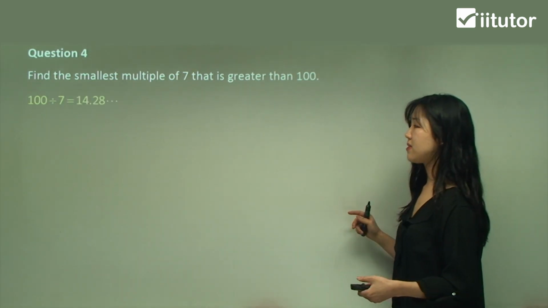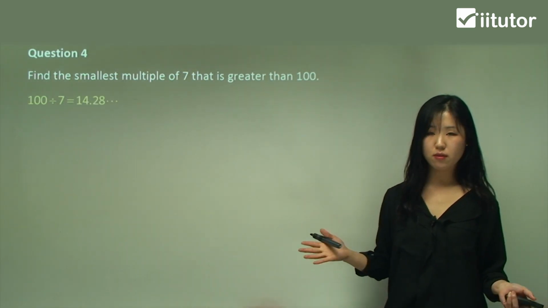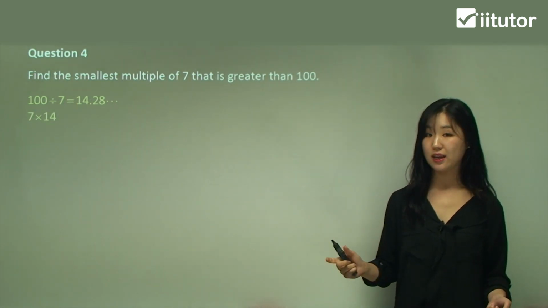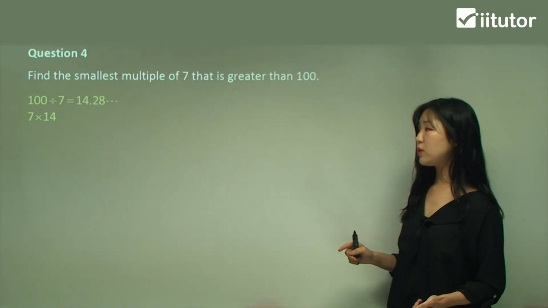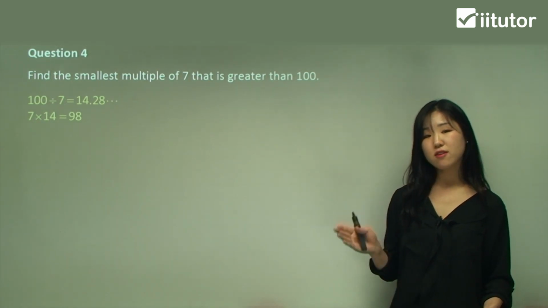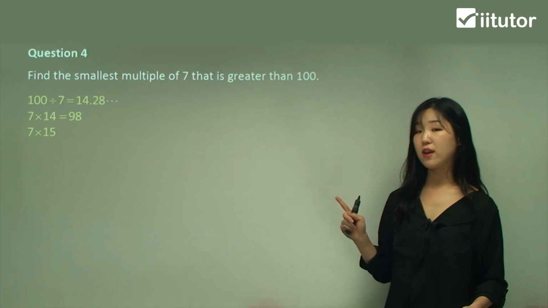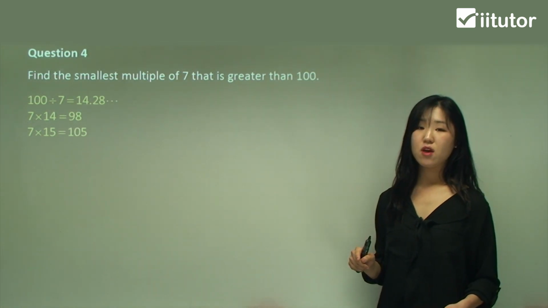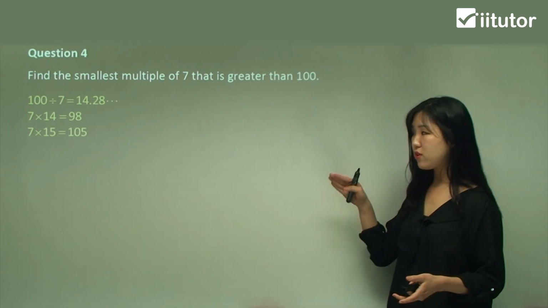So 100 divided by 7 is 14.2 something. So what I'm going to try is multiply 7 by 14. 7 times 14 is 98. That's less than 100, isn't it? So this time let's try 7 times 15, which is 1 greater than 14. 7 times 15 is 105. And there's no other numbers between 14 and 15, right?